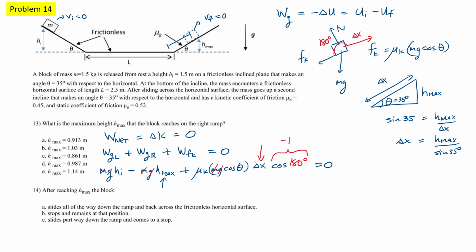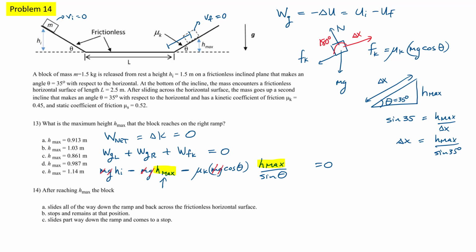So let's go ahead now and just get rid of that delta x. I can get rid of this cos of 180 as long as I introduce a negative sign over here. And this is delta x, which is h max divided by sine of 35, or I could just call it the angle theta. All right, the goal again is to isolate h max. It appears in both terms.